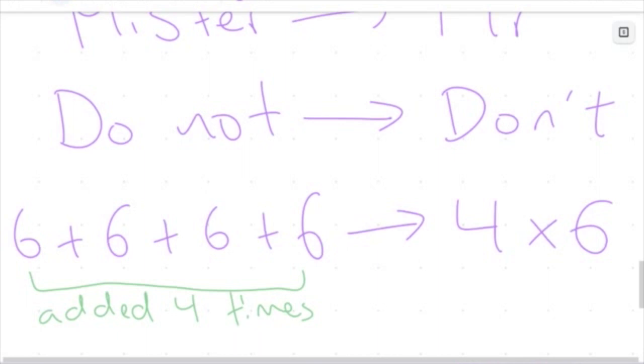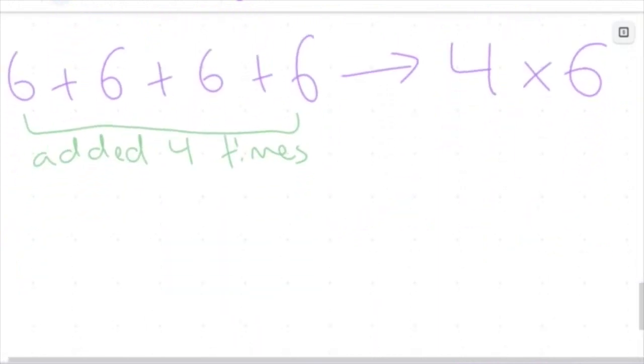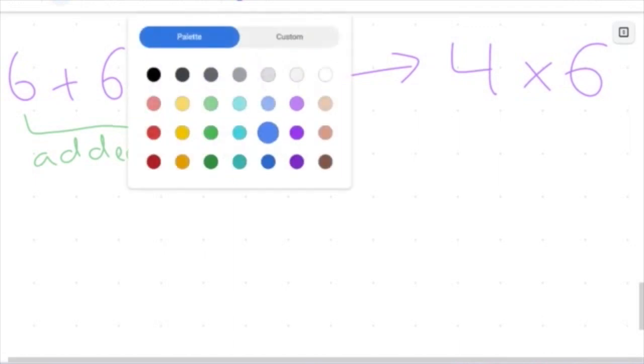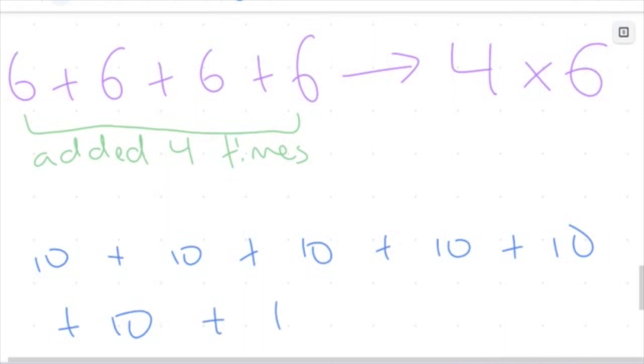Now, you can't really see it here because I'm using small numbers, but you can see where it might be easier to write, instead of, let's say, 10 plus 10 plus 10 plus 10. I'm already getting sick of this. Plus 10 plus 10 plus 10 plus 10 plus 10.